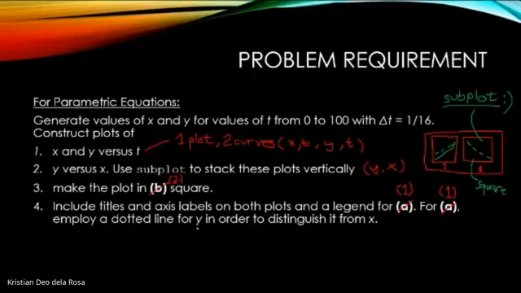And employ the dotted line for y in order to distinguish it from x. Okay, that can be done. So, mamaya na lang siguro. Gawin muna natin siguro yung polar.